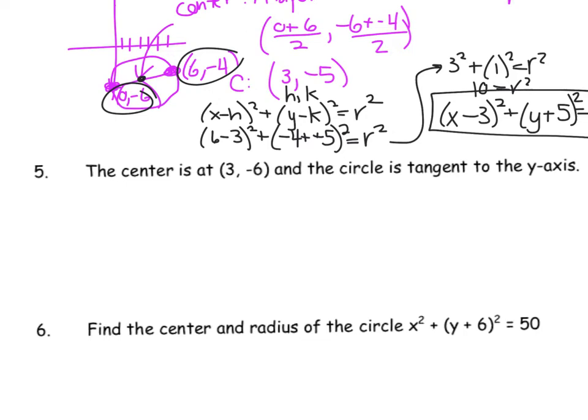Remember, this is the y-axis, so what that means is this circle will just intersect that y-axis one time right there. So therefore, I could count over from this point, which is (3, -6), to the point where it's tangent. It's got to be perpendicular, so it's going to go straight to the left. And this point is (0, -6).